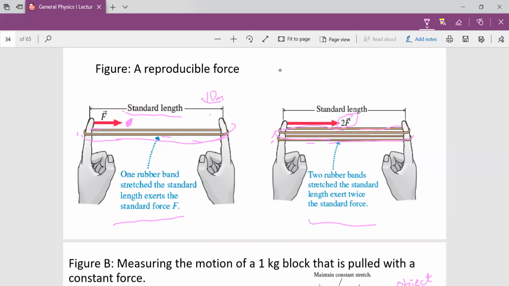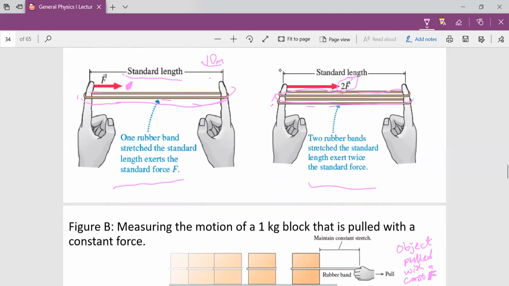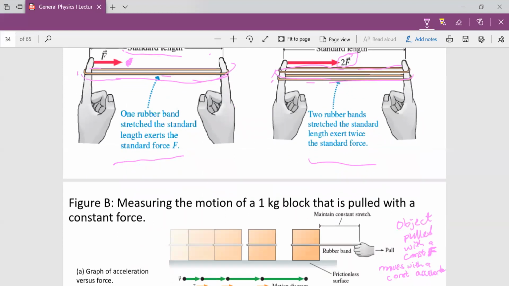So as you're adding the number of bands, it is multiplying also in force. So we'll have the standard force being multiplied every time you add a band.